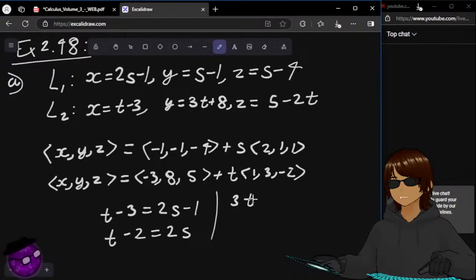And let's make the y equal. So 3t plus 8 is equal to s minus 1, so 3t plus 7 is equal to s.